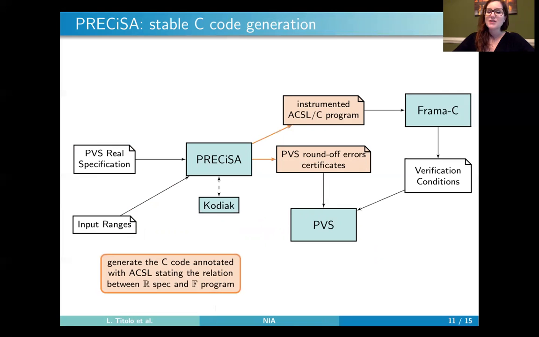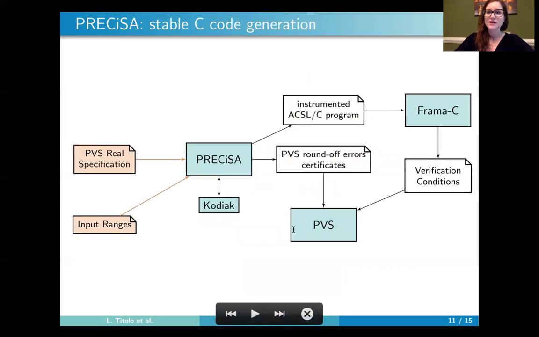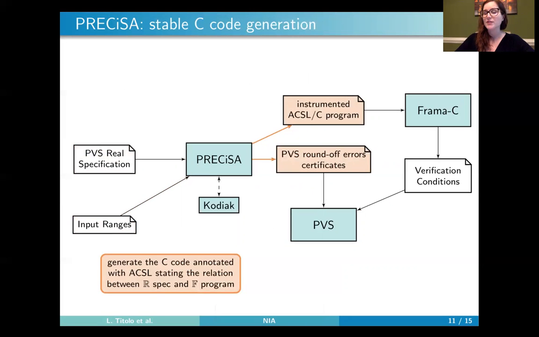In addition, it generates some ACSL pre and post condition and some information about the round-off error. Also, PRECiSA generates a set of PVS round-off error certificates that ensure that these values that we use here are sound over-approximation of the round-off error that happens in these expressions.